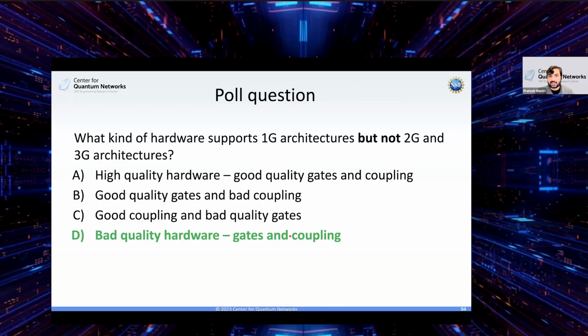If you have good quality gates, second generation architectures start becoming more favorable. 1G architectures typically do not have that high a constraint on the quality of hardware. And with increasing quality, you move from 1G to 2G and then 3G. So D is the only correct answer here.